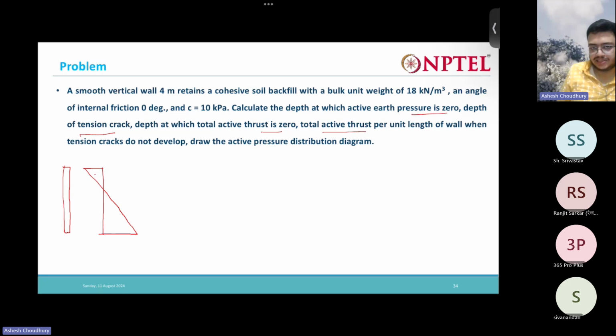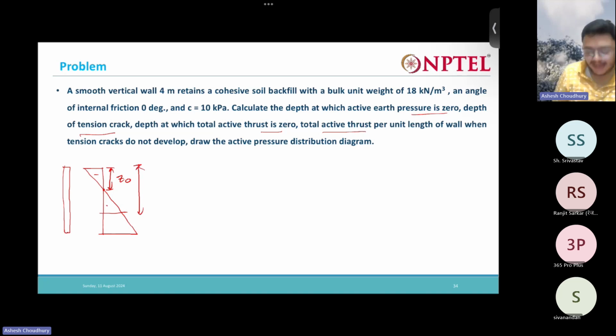And this height is the height at which the active earth pressure is 0.